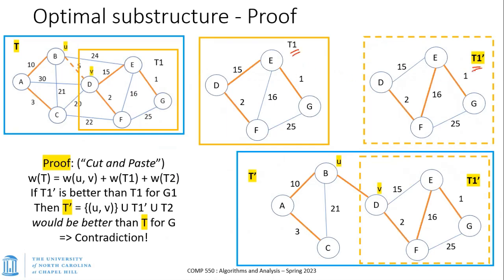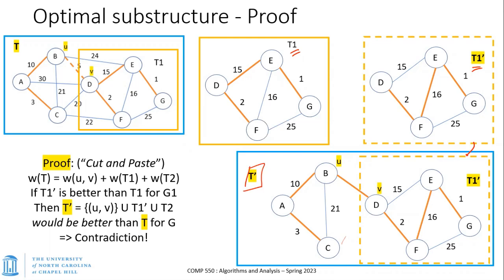I'm saying that what if we had another T1 prime which had a lower cost? Then you take this T1 prime back into the original minimum spanning tree, not the entire thing, but with T2. And so now you have an overall T prime, and that should be of a lower weight than T. And that would be a contradiction.